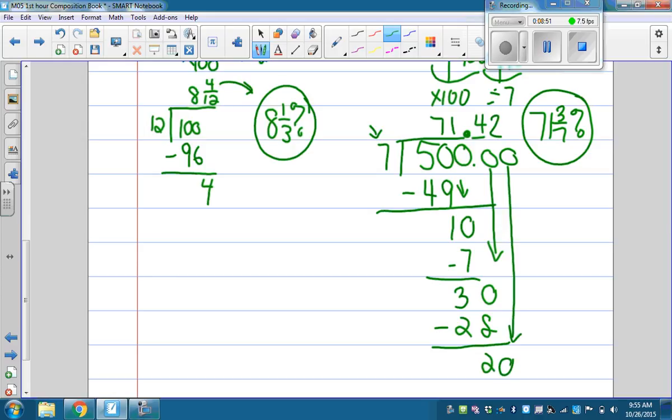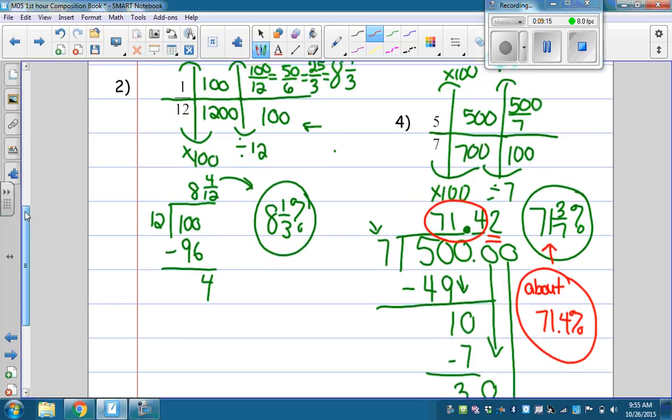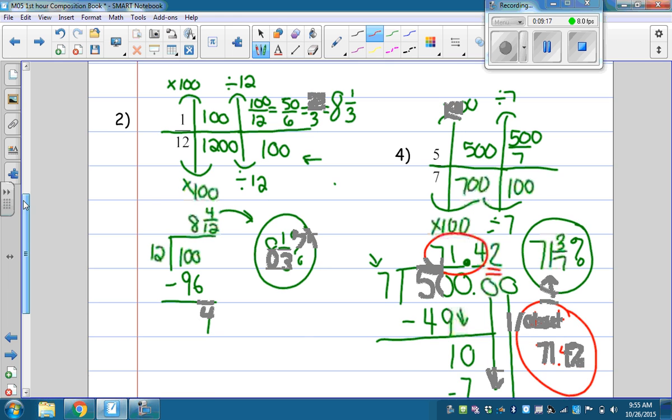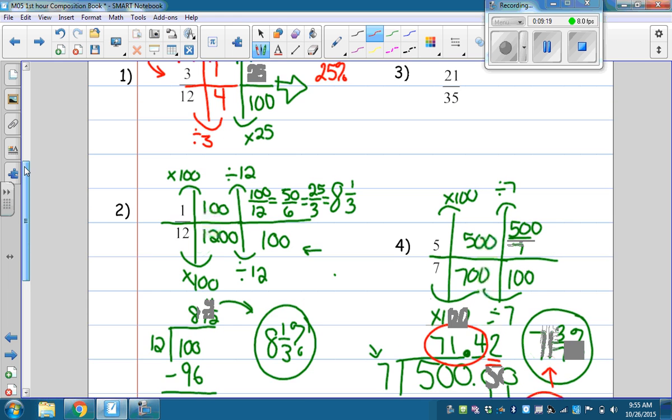Since this 2 is less than 5, we round this to be 71.4. So it's exactly that, or about, if I did it in the decimal, 71.4%. As long as you say it's about, because it's not exact when we round. Those are your choices. But it's quicker in this case just to stay with the 71 3/7%. So I would suggest that right now.